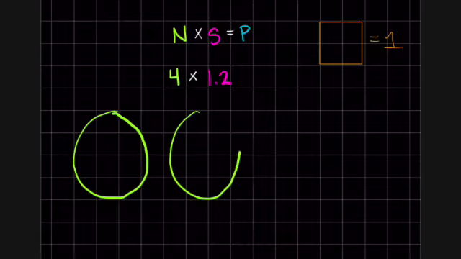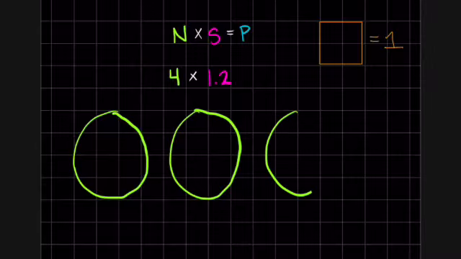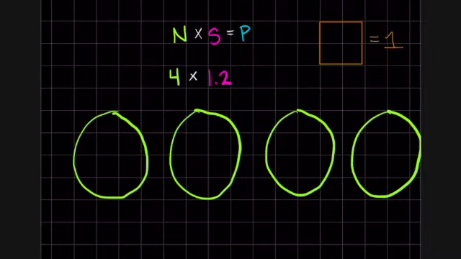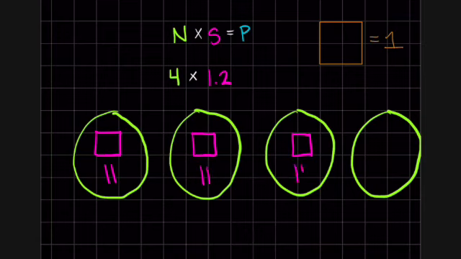So I have 1 group, 2 groups, 3 groups, 4 groups. And each group is going to have 1 2/10 inside. So 1 flat and 2 longs for each group. 1 whole, 1/10, 2/10.